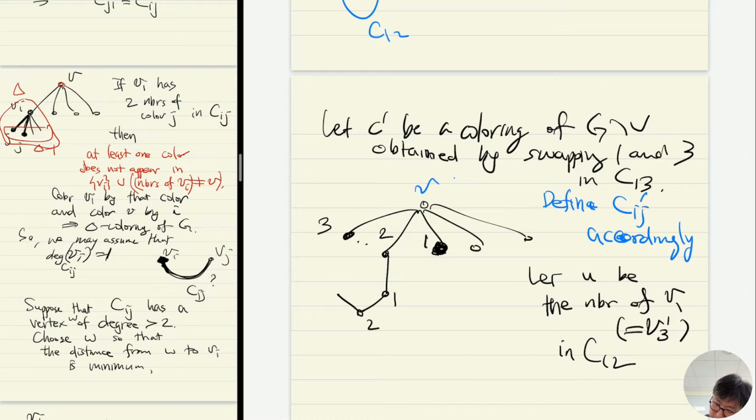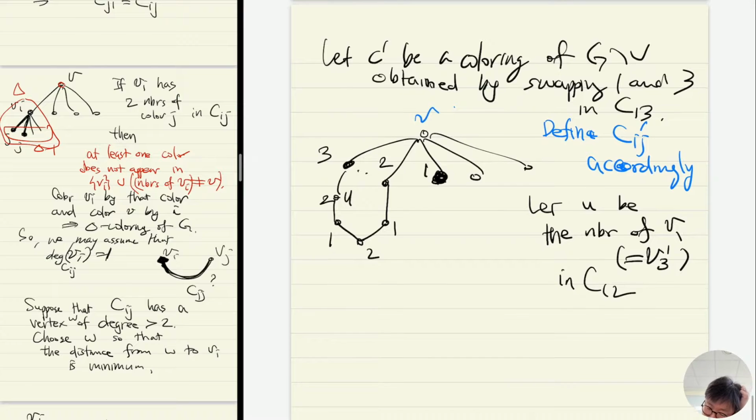So this is my vertex U. But because I changed colors 1 and 3, this becomes color 1. But I knew that none of the vertices on this path intersected with U, so the color of U doesn't change. Of course, the color of U was 2, so nothing changes.